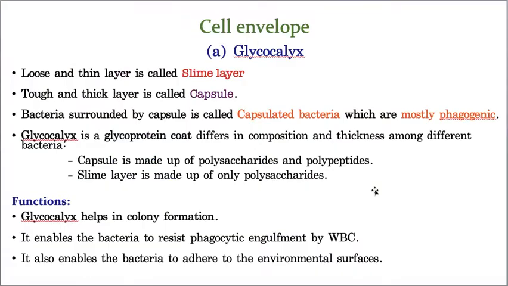Now, if this glycocalyx is loose and thin, that loose and thin glycocalyx is called the slimy layer or slime layer. You can call it anything, no problem, because the meaning is the same. Now if the glycocalyx is very tough and thick, then that is called a capsule. Again I am telling you, the glycocalyx is the outermost layer of the prokaryotic cell.